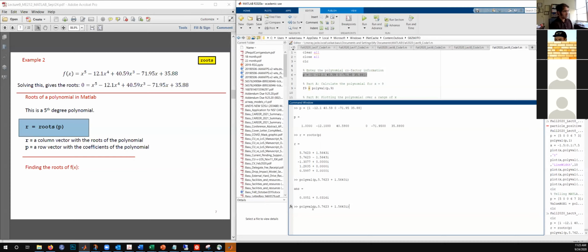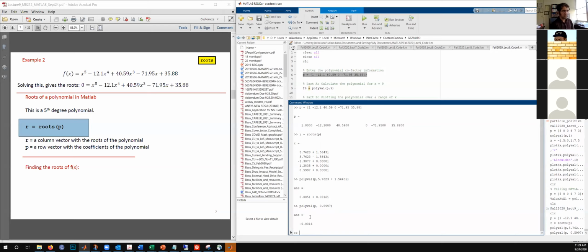So let's try another one here. Let's look at this one. The imaginary part could actually be considered 0. So let's just type in that part, the real part. And see, it is close to 0, but it is not necessarily 0.